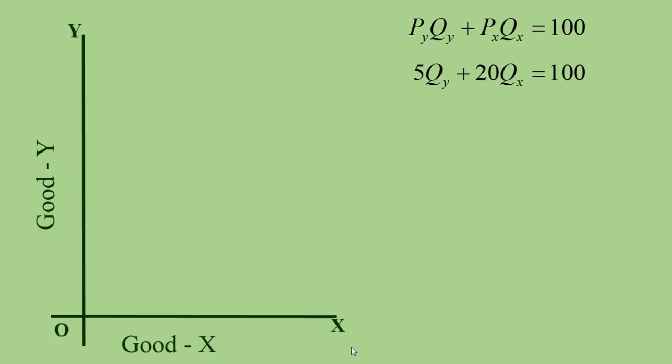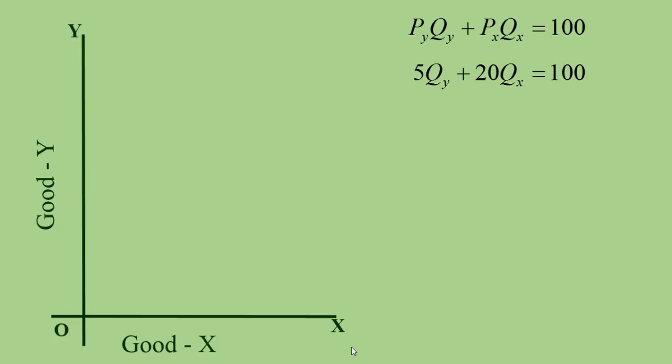By substituting Py equal to 5 and Px equal to 20, the equation becomes 5Qy plus 20Qx is equal to 100.